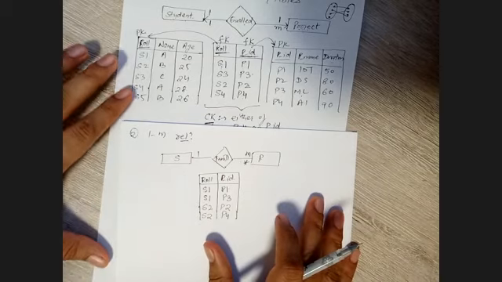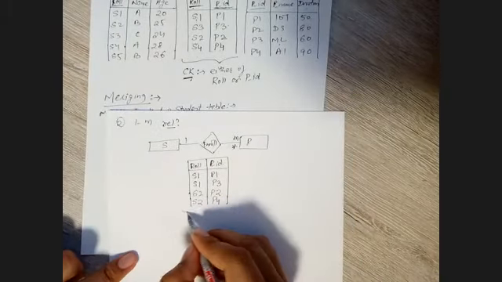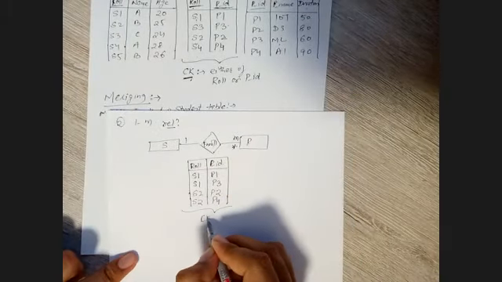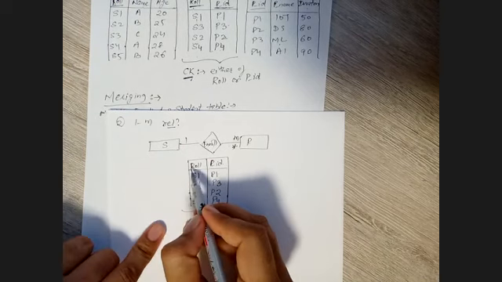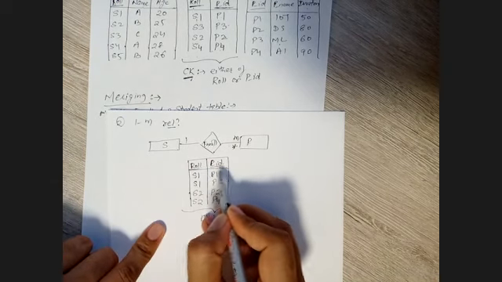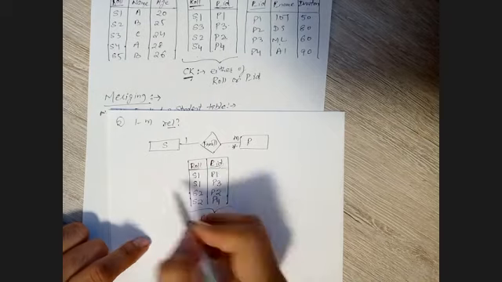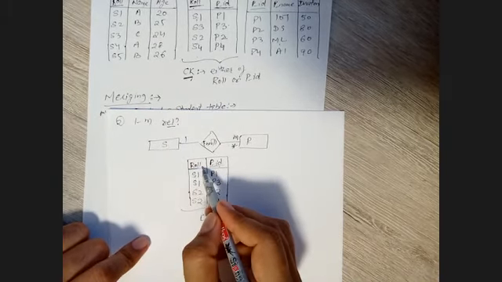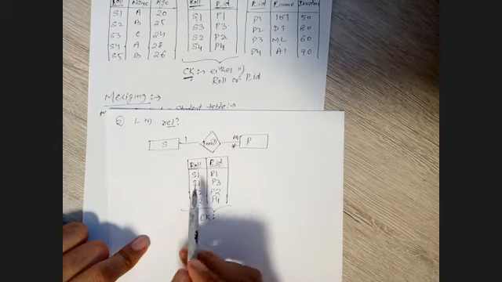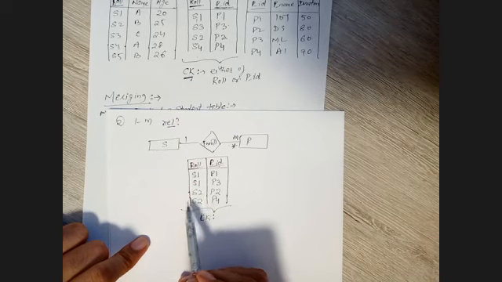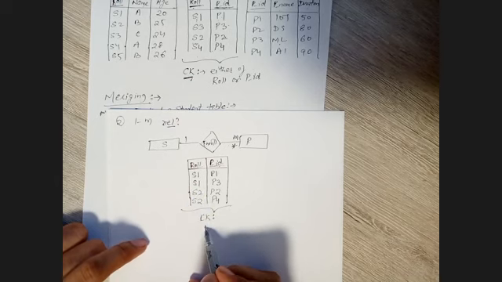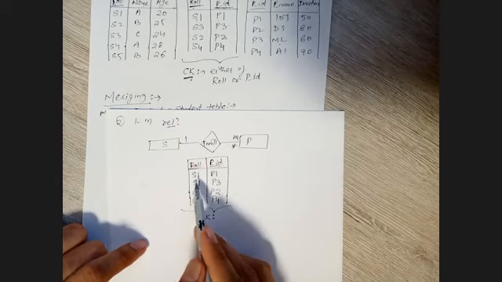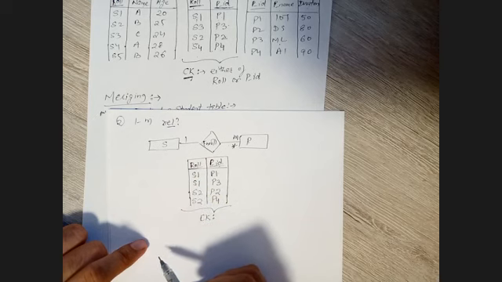Now, what should be the candidate key for this one? Since these are both candidate keys of different entities, can roll number be the candidate key here? Obviously not, because we have repeating values here: S1, S1, S2, S2. The candidate key should uniquely identify, so there should not be repeating values in that attribute.